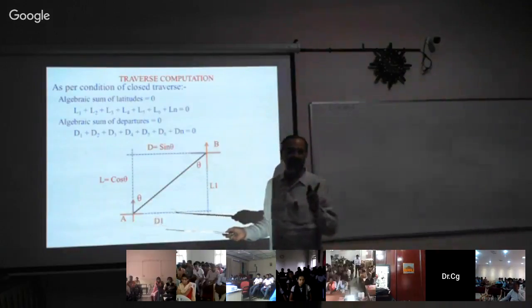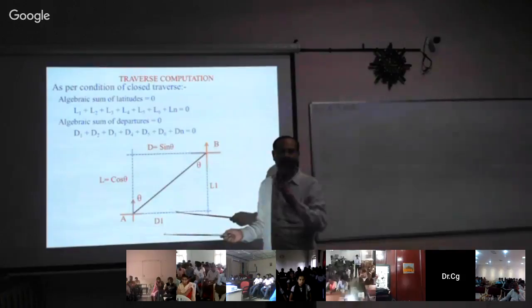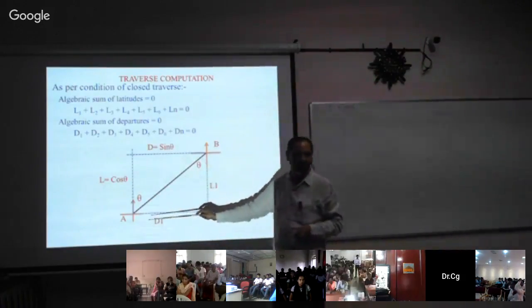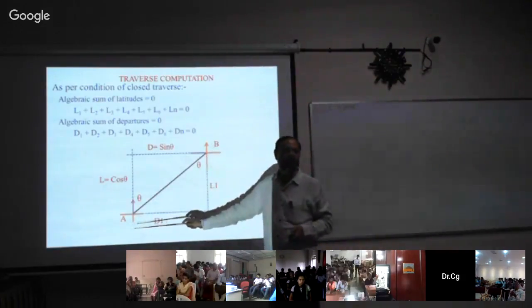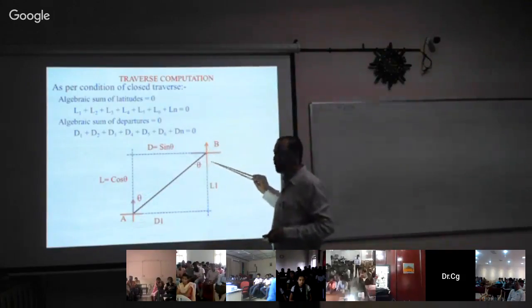Please remember this: the difference between the forebearing and back bearing, and also the latitude and departure. We have only one survey line here, which can be read as AB and also BA.